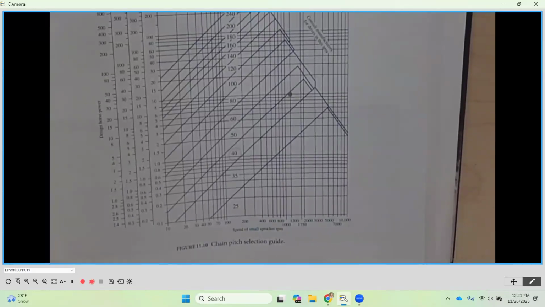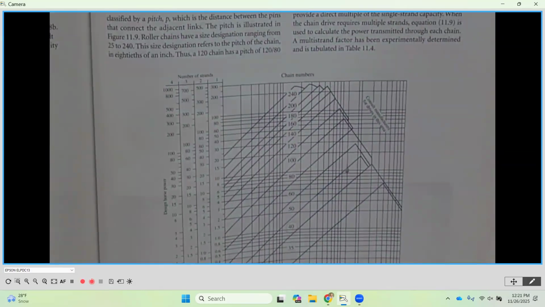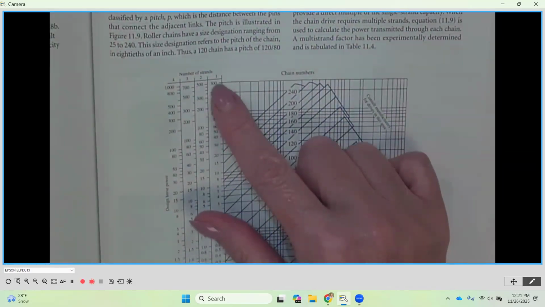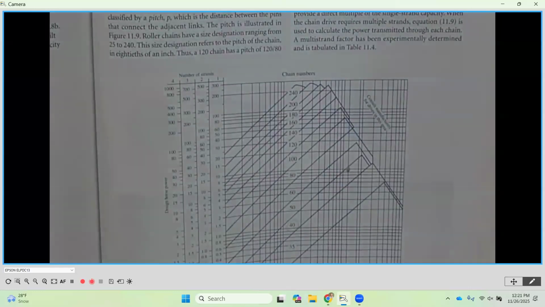So it's the input, if you would. So down here, we're going to find where our RPMs of that higher speed sprocket are going to be. Then what we're going to do is make our way over on the vertical axis. Notice that here they have a couple different columns. The first column closest to the chart is going to be for one strand of roller chain. If you have 2, 3, or 4, then you would move over to the left.